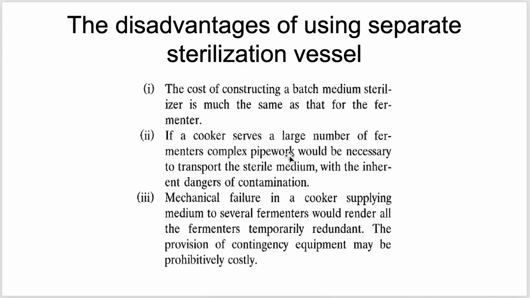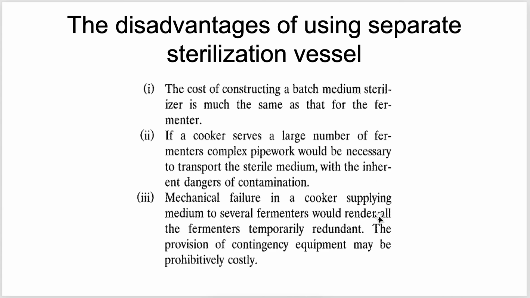Thus there will be inherent dangers of contamination in this whole system, because there will be lots of piping. Contamination can come from any piping, and if there is a leak or damage anywhere in the piping system, the whole system can get contaminated.